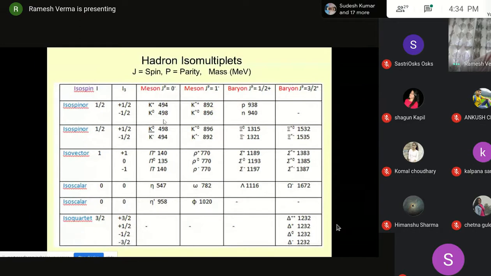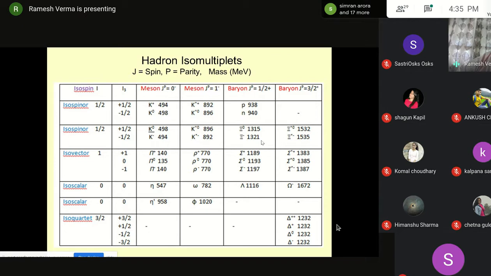So these are the octets. We have two doublets with different hypercharge, an isovector and an isoscalar. So these 8 particles form the octet pattern of pseudoscalar mesons, and this remains a singlet outside the game. In the same way, vector mesons also have two doublets, an isovector and an isoscalar. And the same thing is also true for baryons.